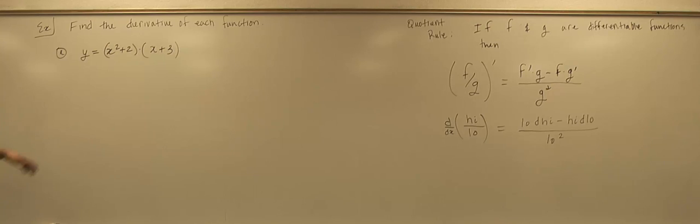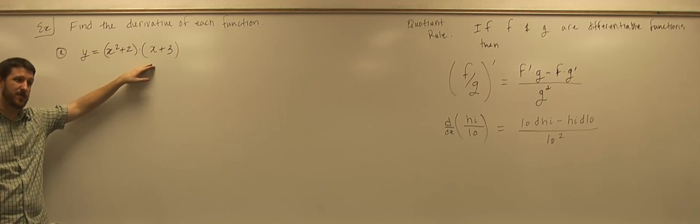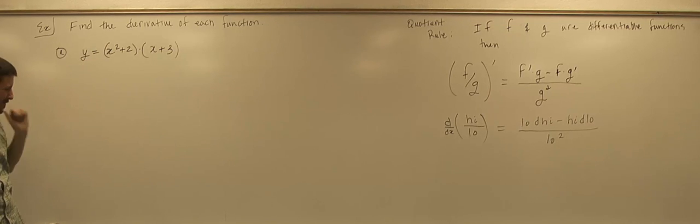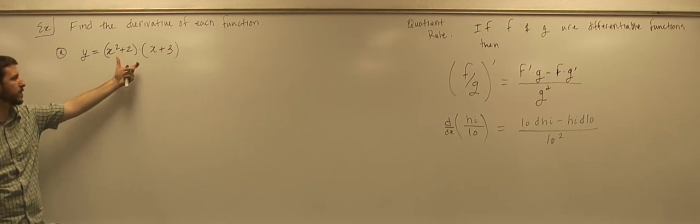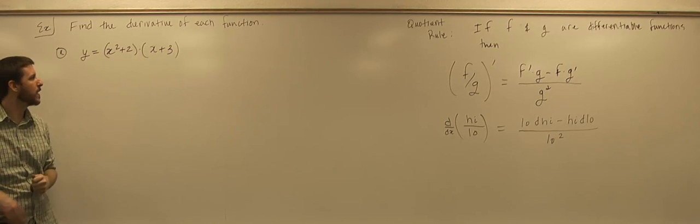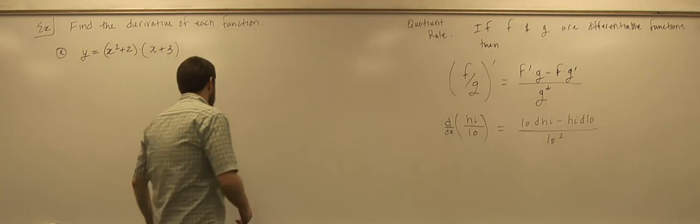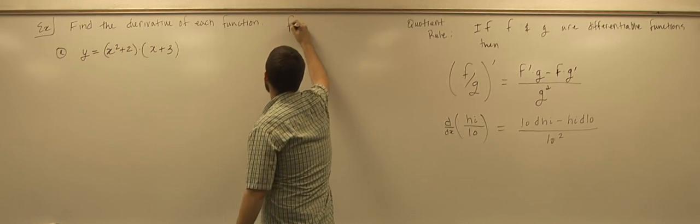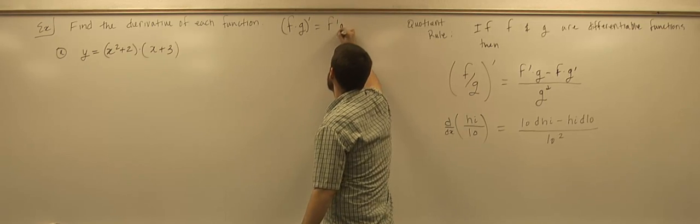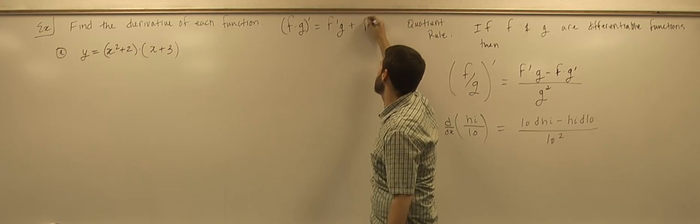Now, I could actually multiply this out and do the derivative, it's easy enough. But the point of the product rule is that you don't really want to multiply things out anymore, you just want to be able to attack this immediately without doing any algebra. So the way the product rule works, if you have f times g and you want to do the derivative, it's f prime g plus f g prime.